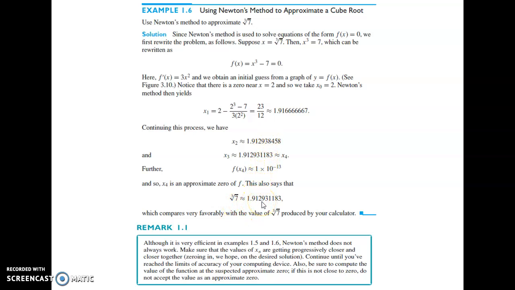Use the calculator to check that this is the approximate value by Newton's method, and compare it with the actual value. Remember, in using Newton's method, we have to be very careful in choosing the x0 value.